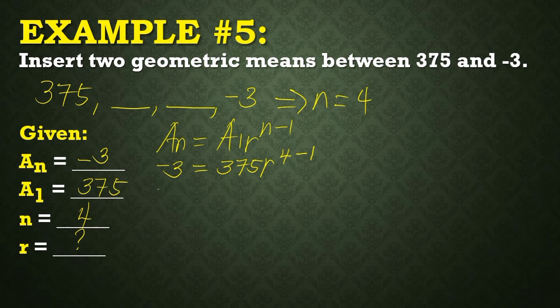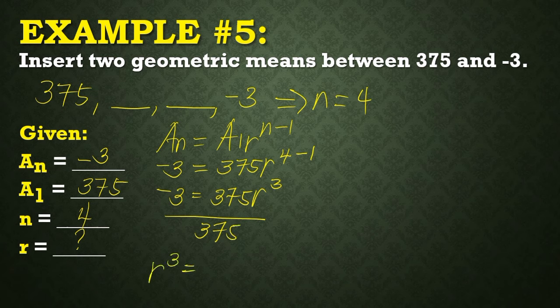And then negative 3 is equal to 375, r raised to 4 minus 1, that is 3, and then we divide the whole equation by 375. So that is r cubed equals negative 3 over 375.